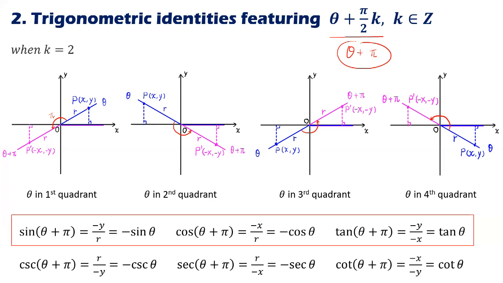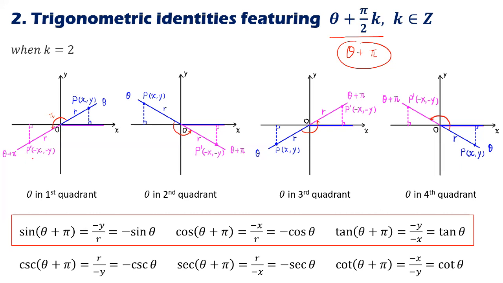Because x and y are both positive, and after you turn another pi counterclockwise, both of the coordinates are now negative, but the absolute values of x and y should be the same.